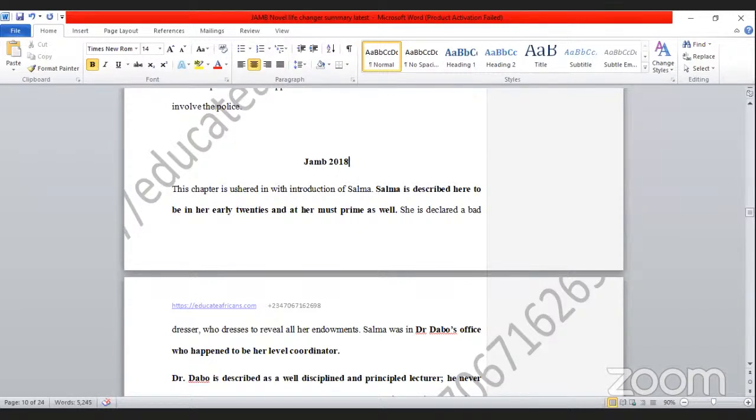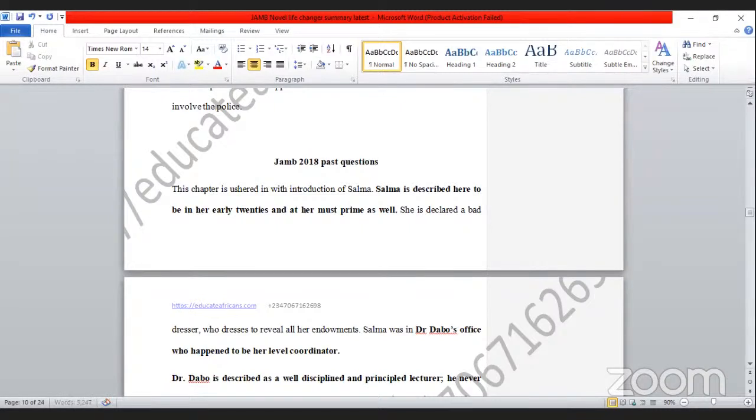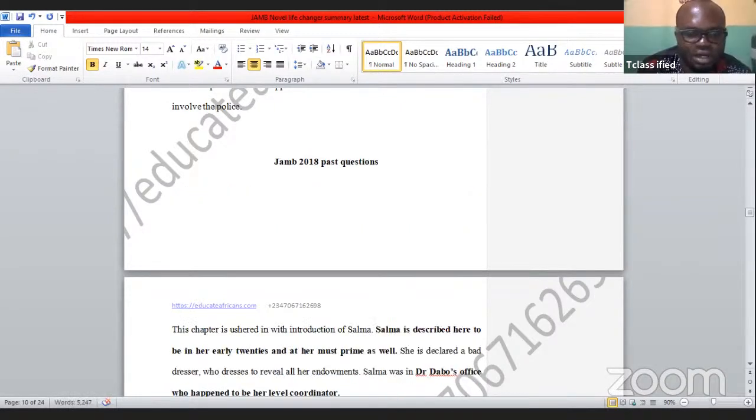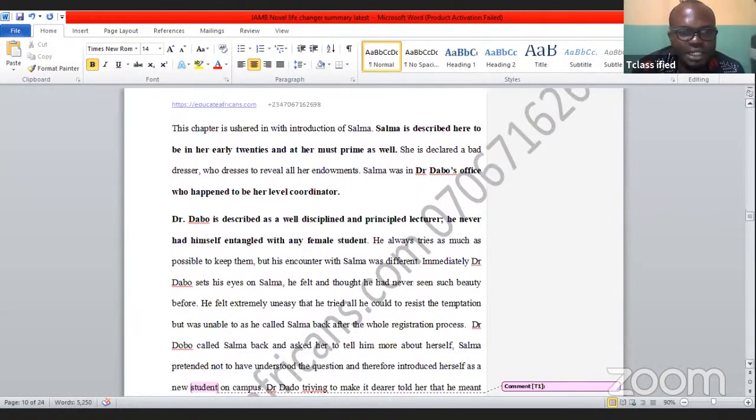Once you open it, you're going to see comprehension passage 1, and you start reading it. This chapter is ushered in with the introduction of Salma. Salma is described here to be in her early 20s and at her prime age.